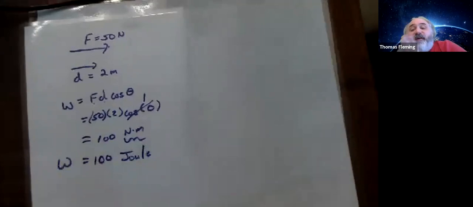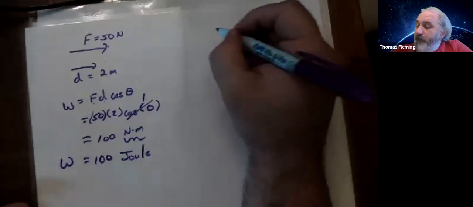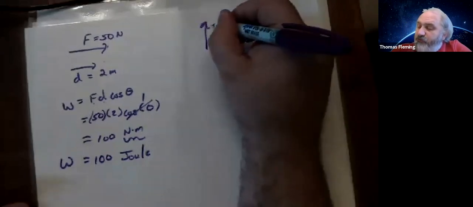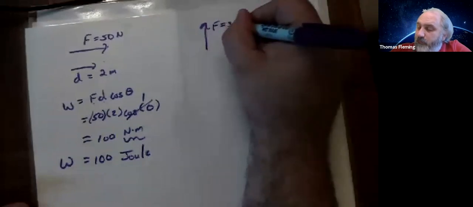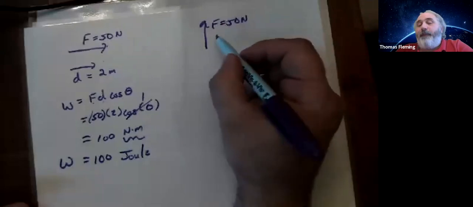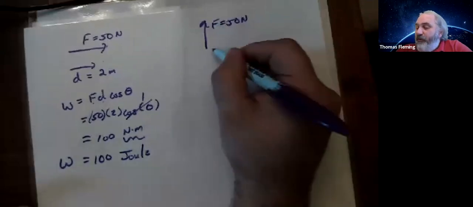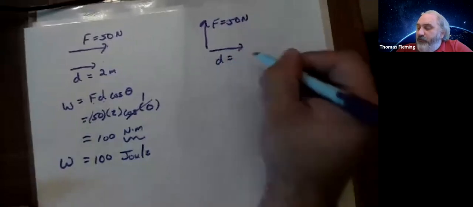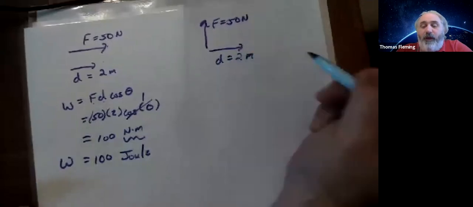Now, what if I change it up a little bit? What if instead I've got a force pushing straight up, 50 newtons still. However, even though the object's being pushed upward, it's maybe traveling a distance of 2 meters to the right.